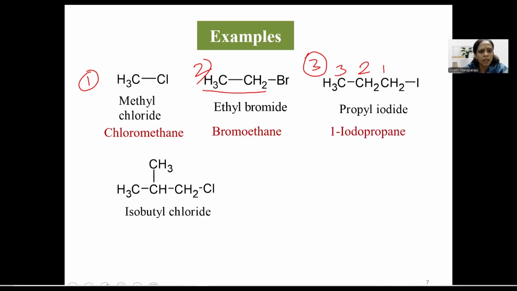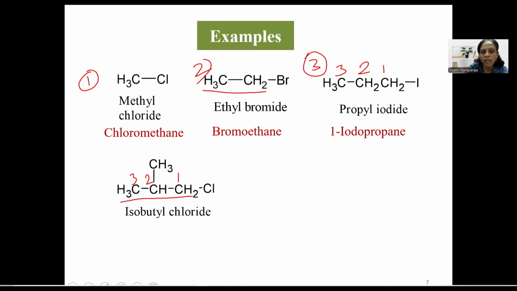Another example: this is isobutyl chloride. Here, if you see the parent carbon chain, this is an isobutyl group, but we have to consider the parent chain which has continuous carbons. In that case, the numbering becomes 1, 2, 3. This 3 carbon system means the parent hydrocarbon becomes propane.